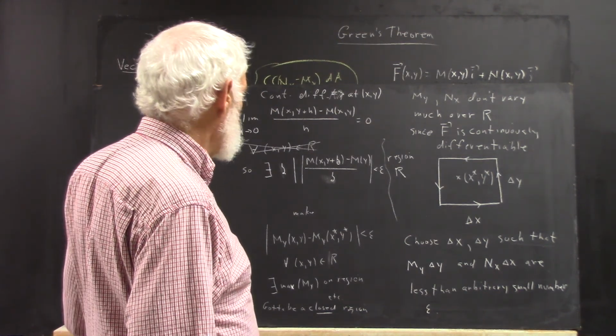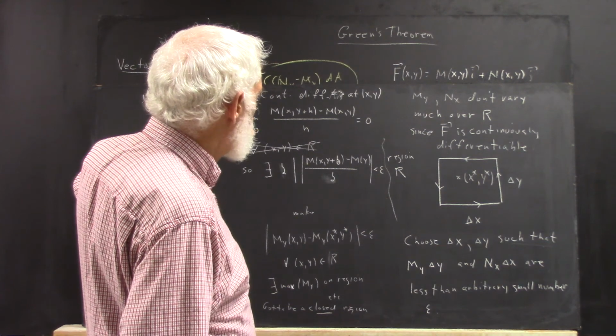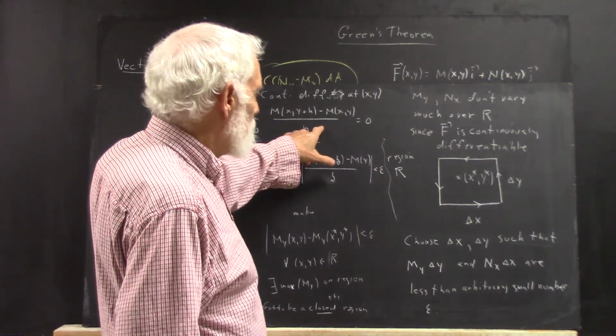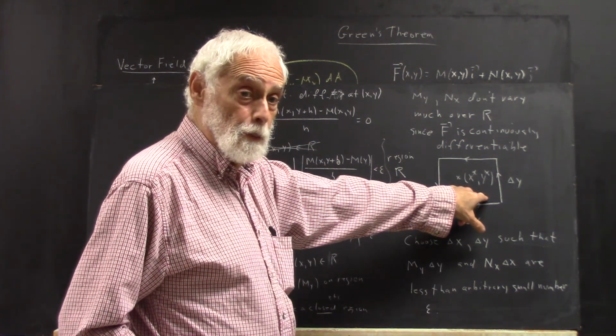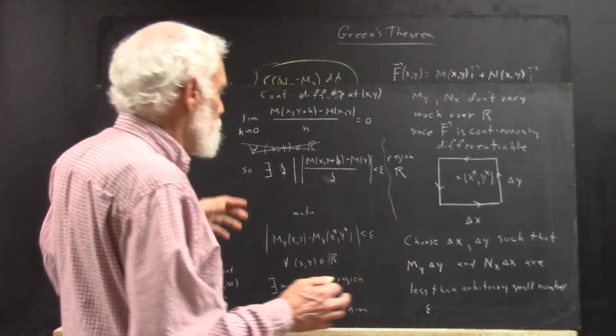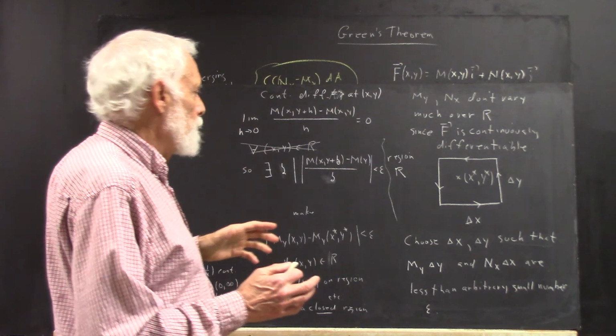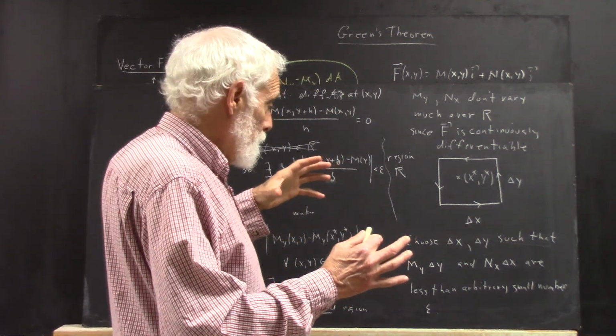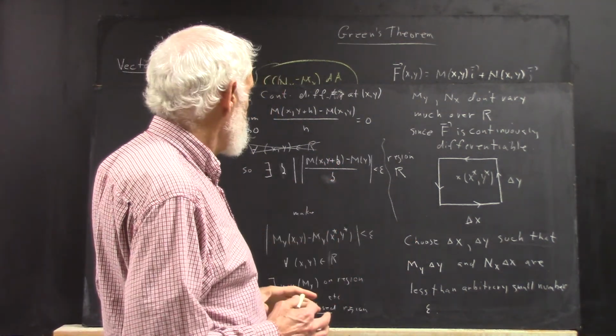And I'm attempting to use the fact that this applies for the point x star, y star, continuously differentiable here. There's a delta that will shrink all your values of m down to be less than epsilon.